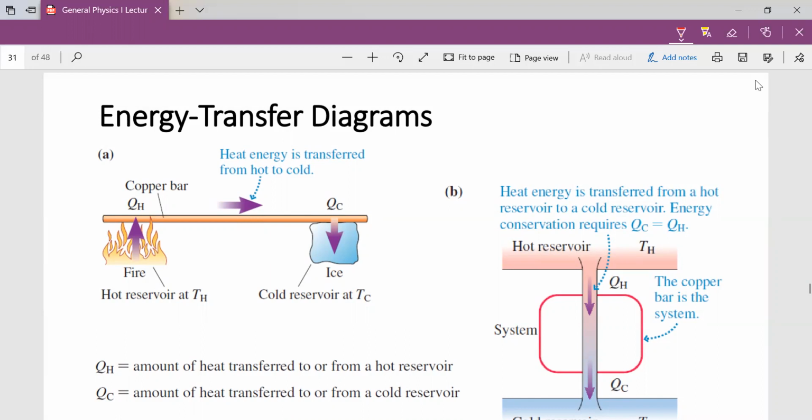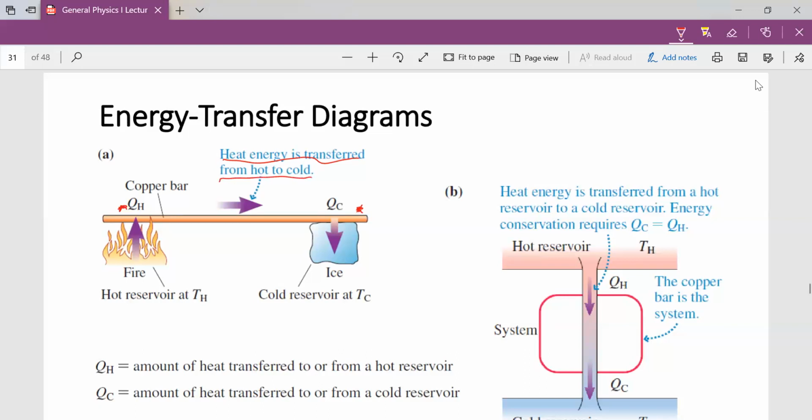Naturally, when there's energy transfer in terms of thermal energy, it's going to flow from a more heated part to the cooler part. Okay, so we have how heat, which is QH, will stand for the heat when it's hot, and QC will stand for the heat when it's cold. Okay, so we see the heat energy transfer from hot to cold.